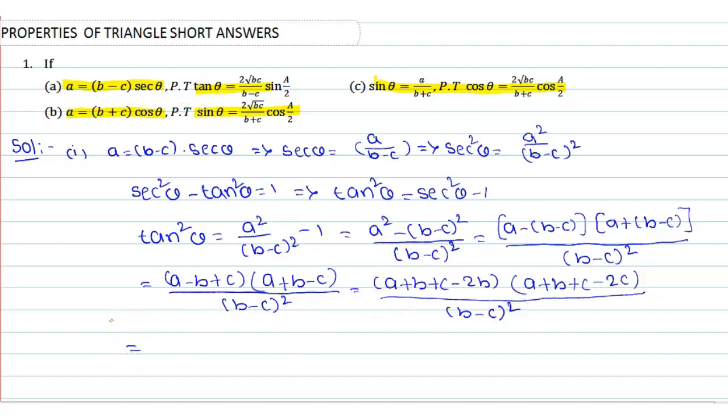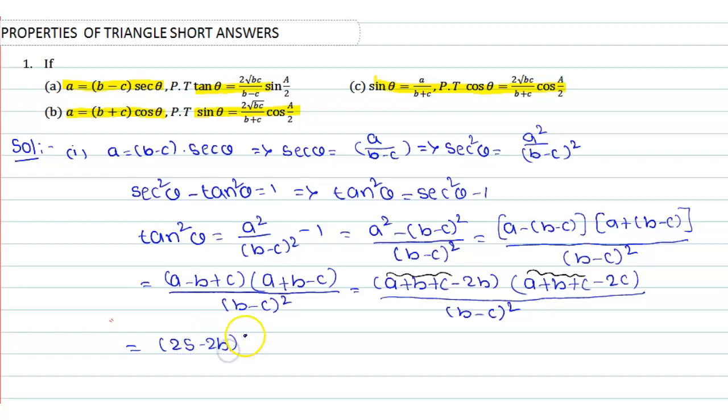By the formula, this a plus b plus c can be written as 2s. Again this a plus b plus c can be written as 2s. So now I am writing 2s minus 2b into 2s minus 2c by b minus c whole square.